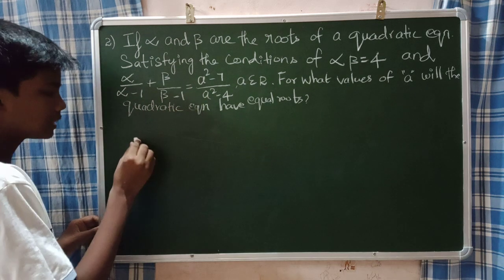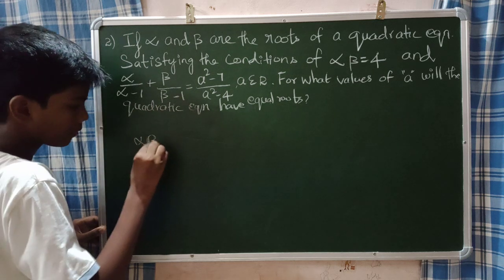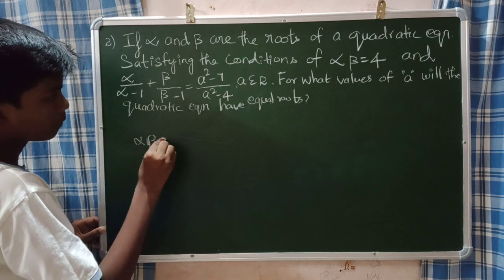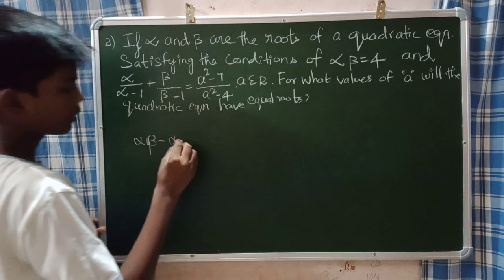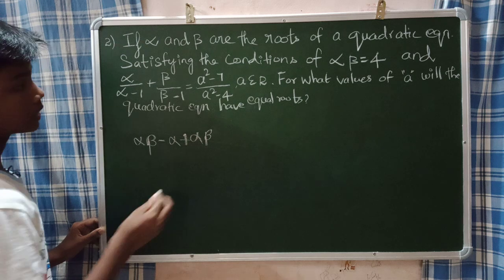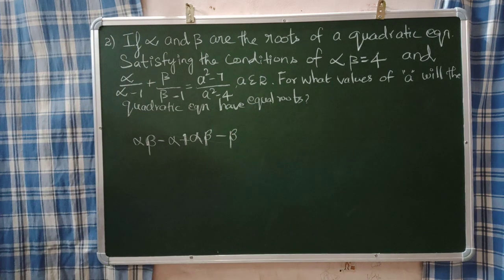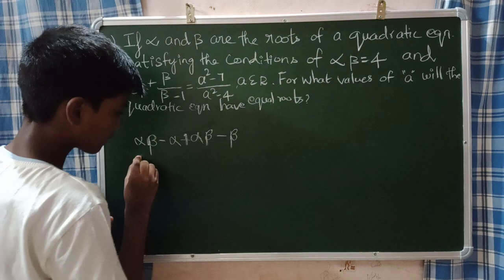When you simplify, I will first simplify the LHS, which is alpha beta minus alpha plus alpha beta minus beta. This is what you will get, guys. Now what will be the denominator?